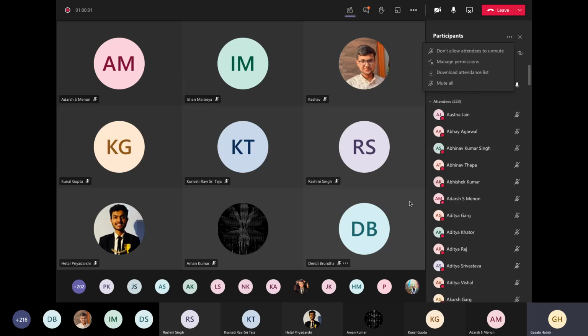Anybody, like Kunal, Keshav, Ishan, Adarsh, Rashmi, was there anything in the earlier or previous class which is not explained very well, and you think it's totally unsatisfactory?